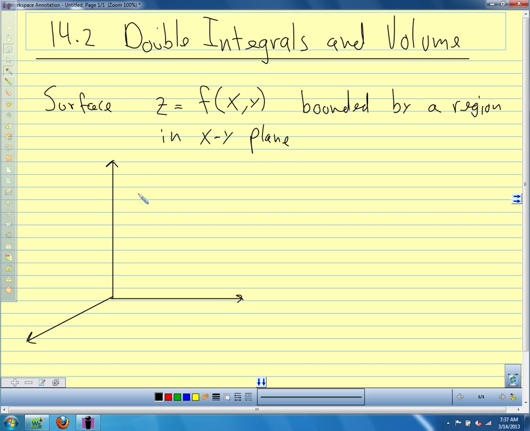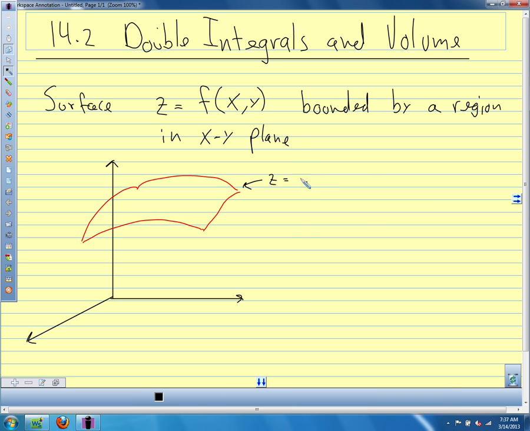So here's our surface up here above the xy plane. Some arbitrary surface up here, and this is z equals f of x, y. And we have some region down here in the xy plane.